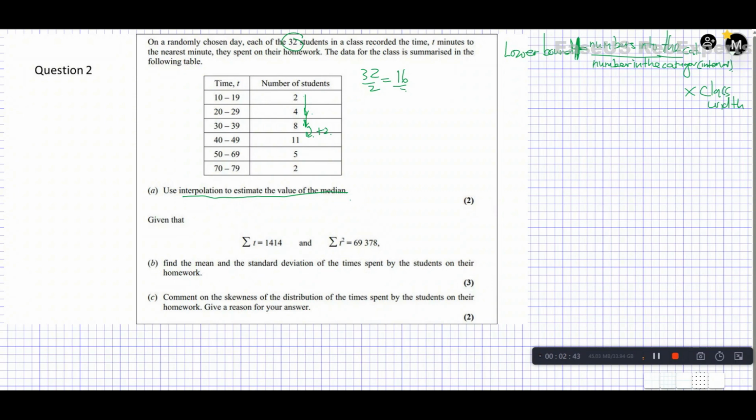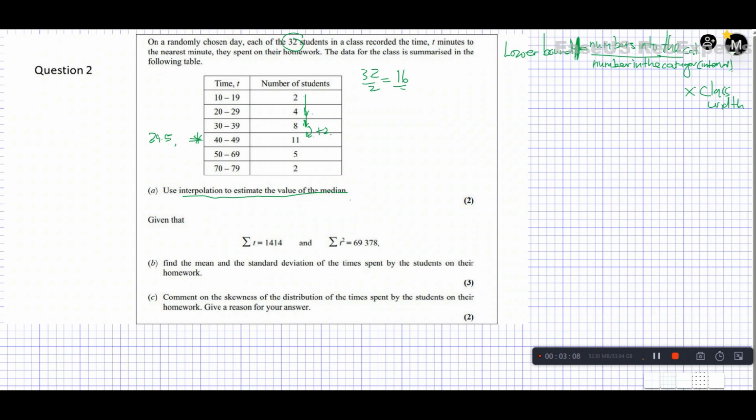Okay, so let's find the lower bound for this interval. The lower bound for this category is 39.5, because the previous interval finishes at 39 and since it's continuous data, the upper bound of that one is 39.5 and the lower bound here is 39.5. So remember that.